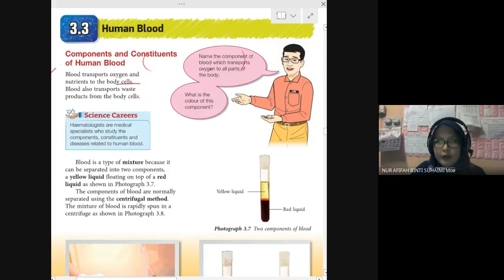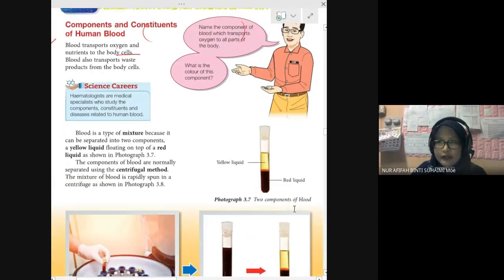Okay, name the component of blood and what is the color of the component. Blood is a mixture. It's a mixture separated into two components. If you see the photograph 3.7 here, our blood divides into two components, yellow liquid and red liquid, and also got in between them.